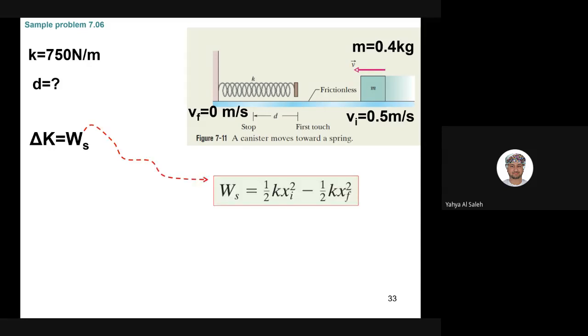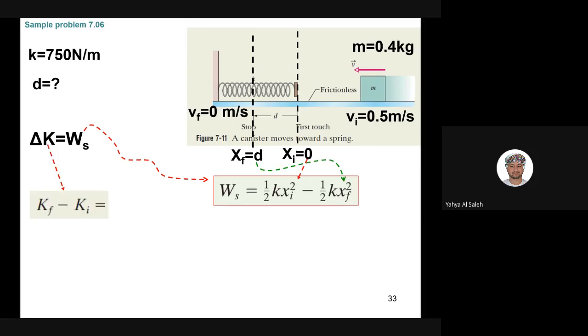So this should be very easy. The spring work is half k xi squared minus half k xf squared. This is xi, and xf will be my d. We don't know what d is. My delta K is Kf minus Ki. What is my final kinetic energy? 0, since it stops. Velocity is 0, so half m v squared is 0.